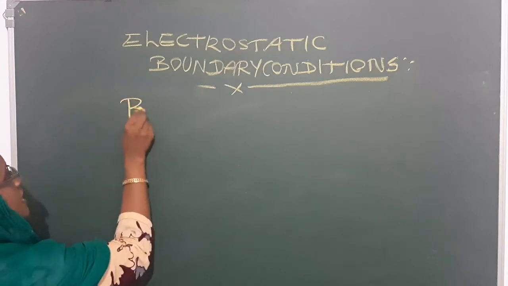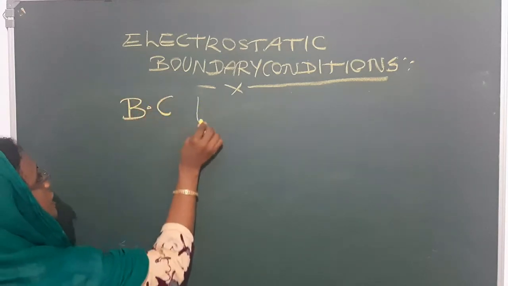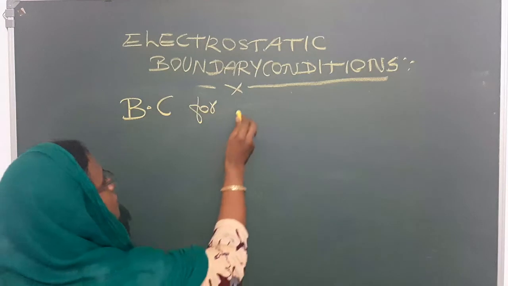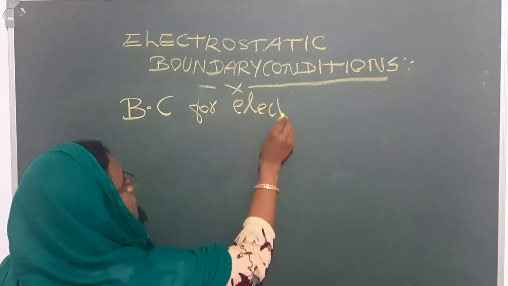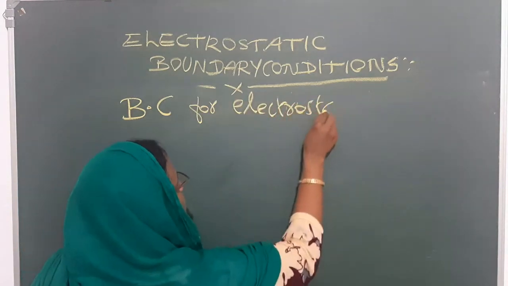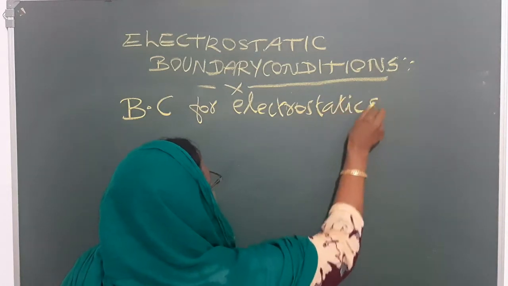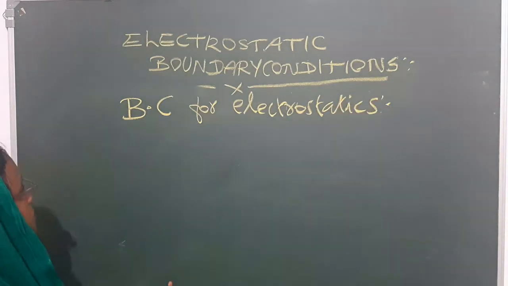For boundary condition I write just BC. BC for electrostatics.